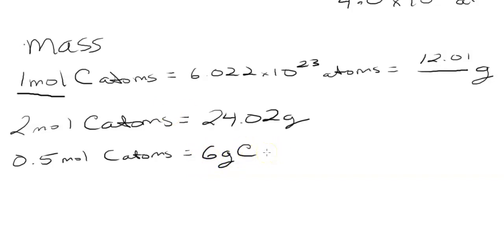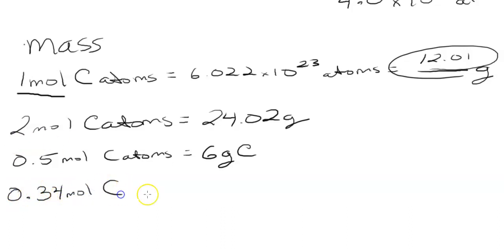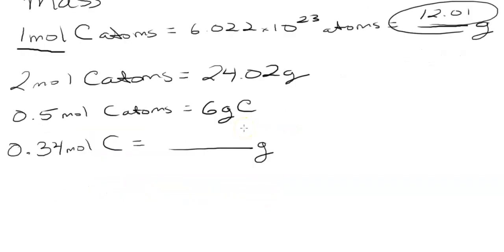Okay, so it's the same idea. Everywhere you see the word mole, you're just equating that to the mass on the periodic table. So again, if I had 0.34 moles of carbon, how many grams is that? Well, that math you can't really do in your head, probably, right? So you could set up a proportion, like a ratio.